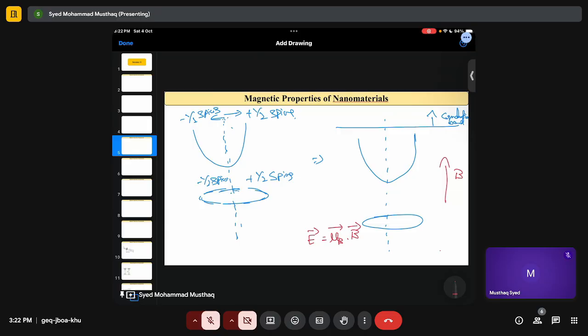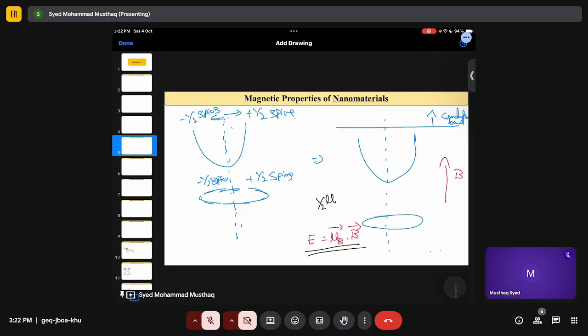UB dot B. You have UB dot B. Now what happens? Mu B, that means the magnetic moment. And if you are talking about spins, then you have half. Okay.